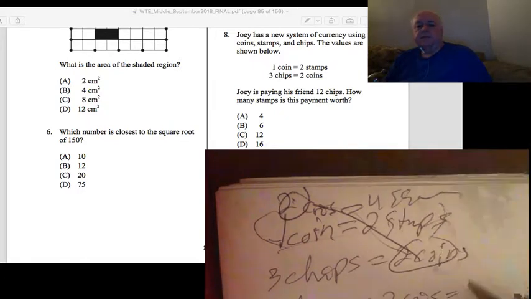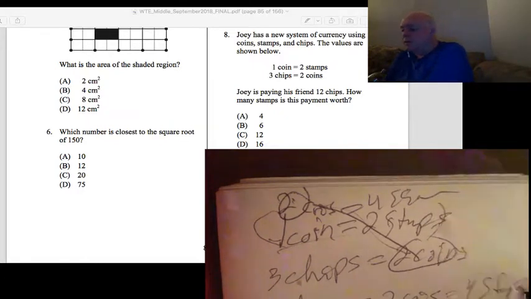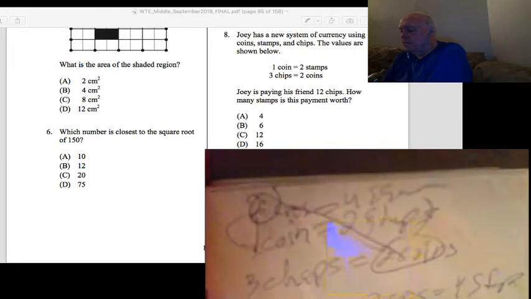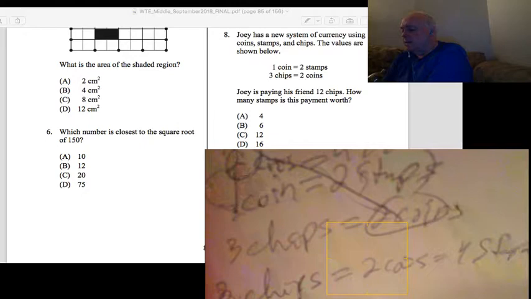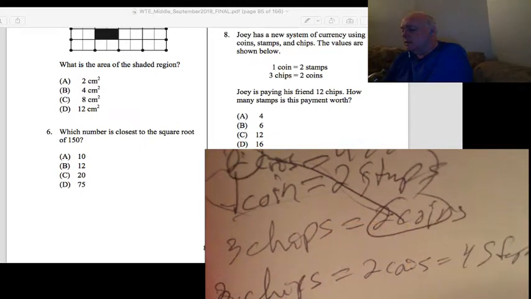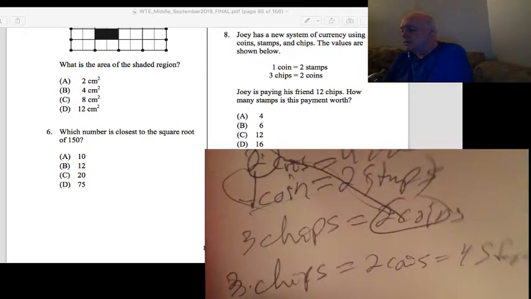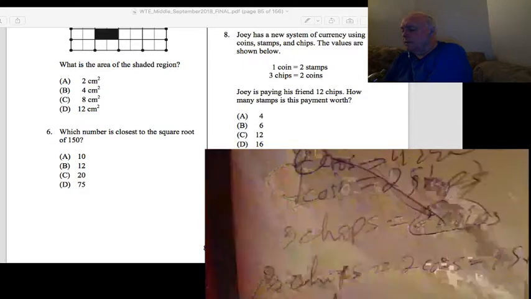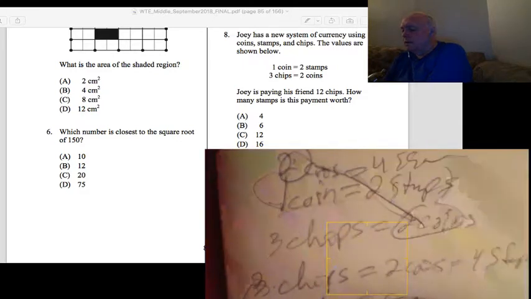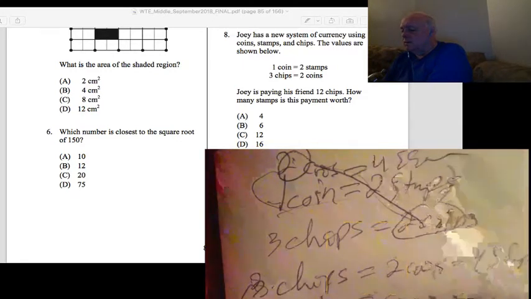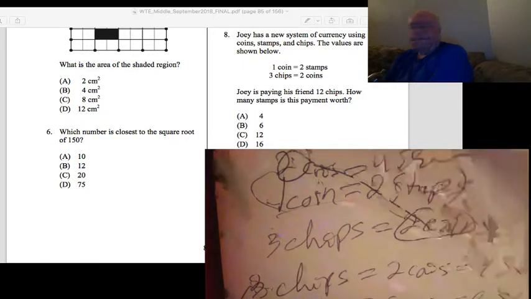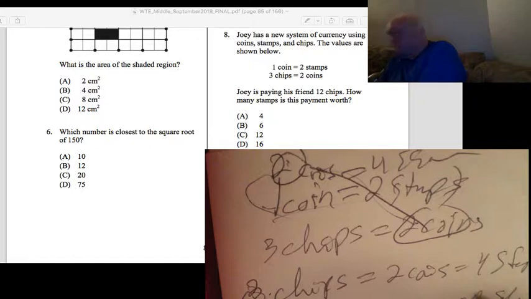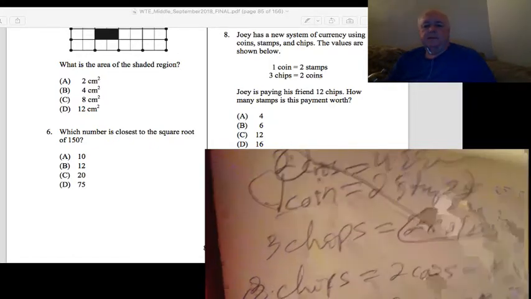And it's telling us that he's going to pay with 12 chips. So we notice there's a multiplication of 4, so that means it's 8 coins, and it's equal to 16 stamps. Did I do that right? 4 times 4. Yes, it's going to be 16 stamps, right? So the answer would be D.